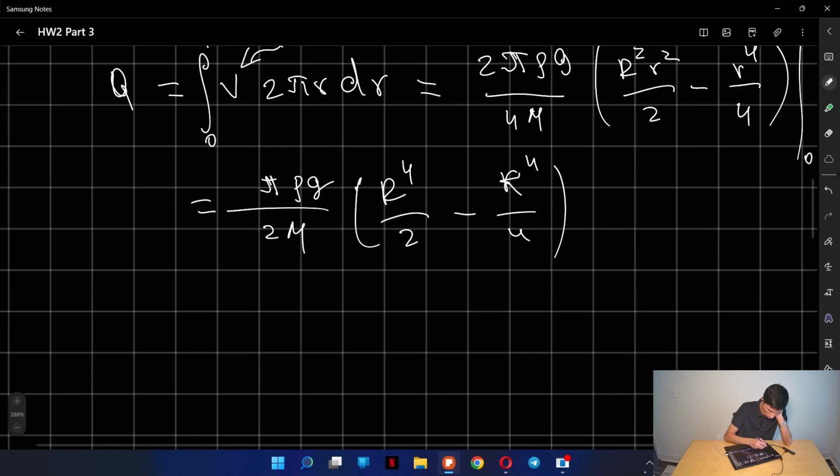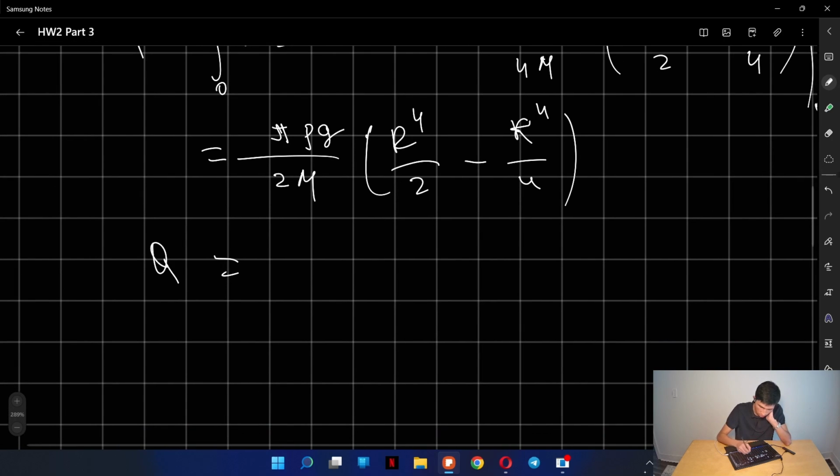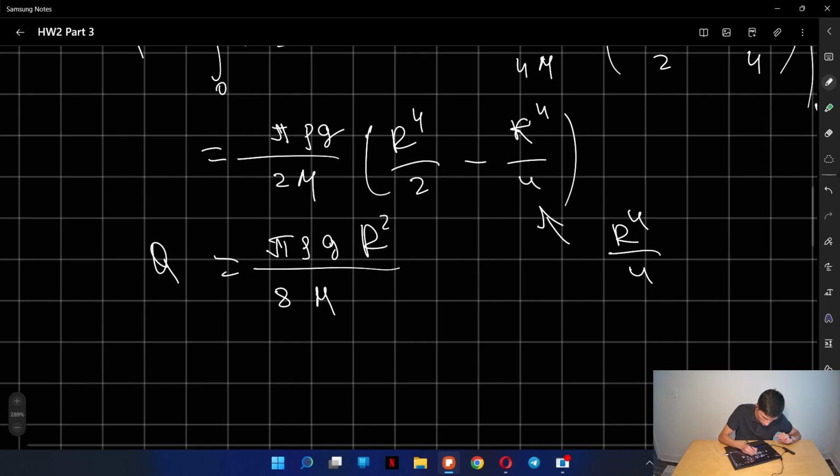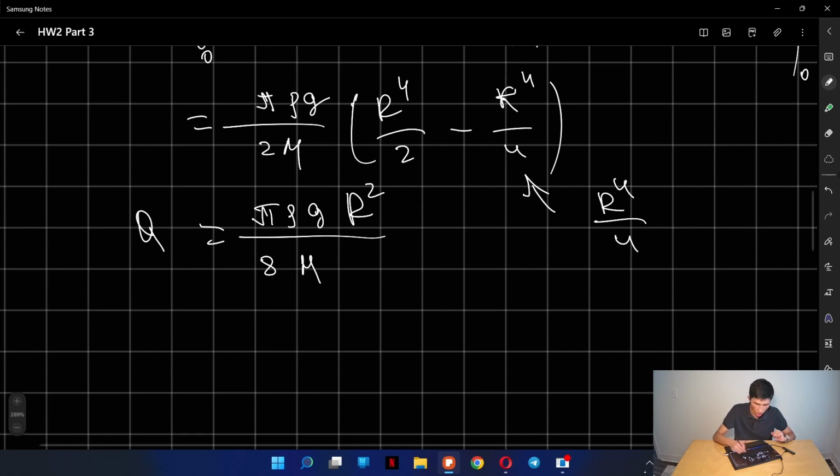And if I want to write that Q separately, this inside is going to be R to the 4th over 4. So the equation for the flow rate I'm going to have is pi rho g over 8 mu R to the 4th, right?